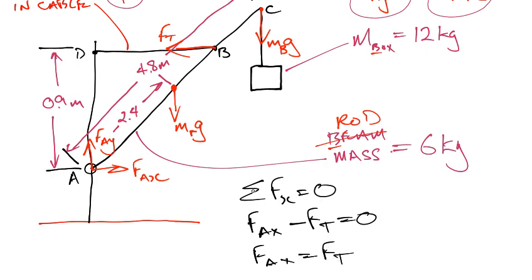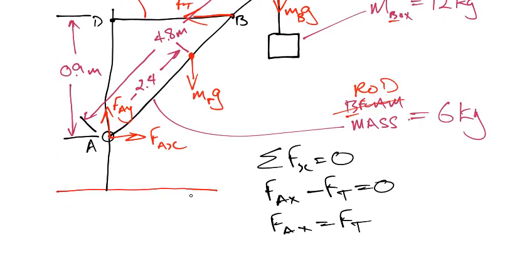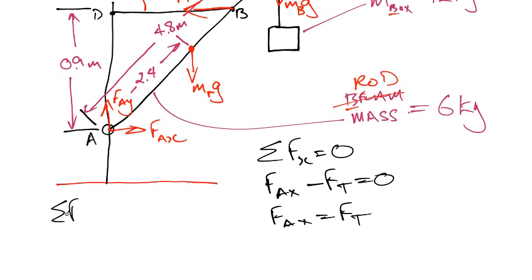That's good to know. Now, if we continue and we say, all right, well, what about the summation of the forces in the y direction? Here, let me do that over here. Let's get rid of this for a second, because I can probably fit it in over here.